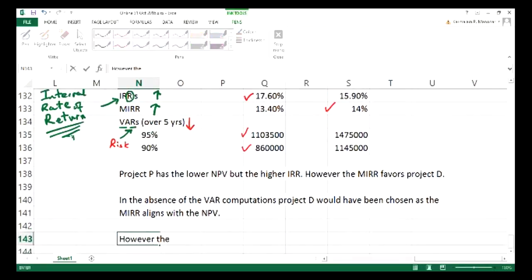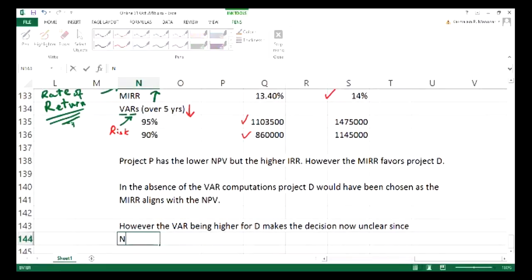However, the VAR being higher for D makes the decision unclear, since NPV is normally considered the most superior method of project appraisal.